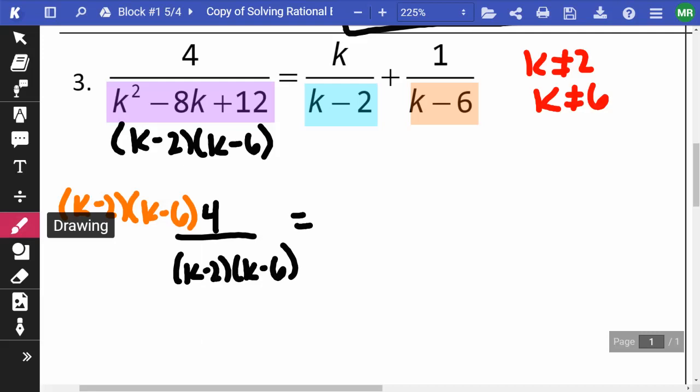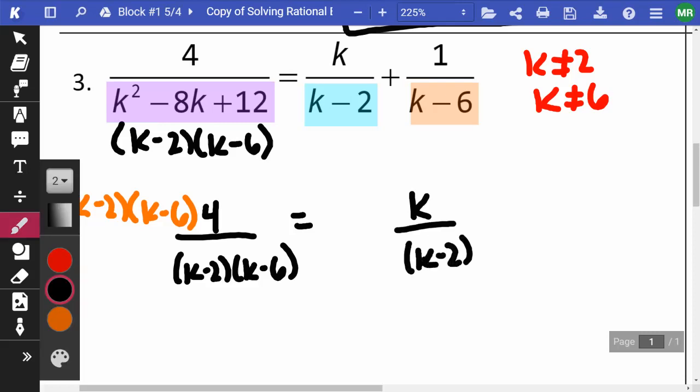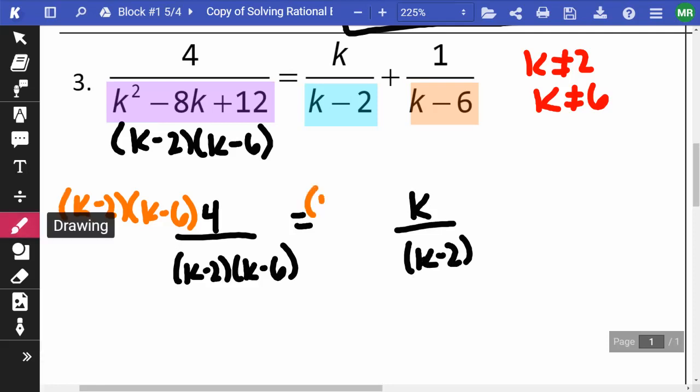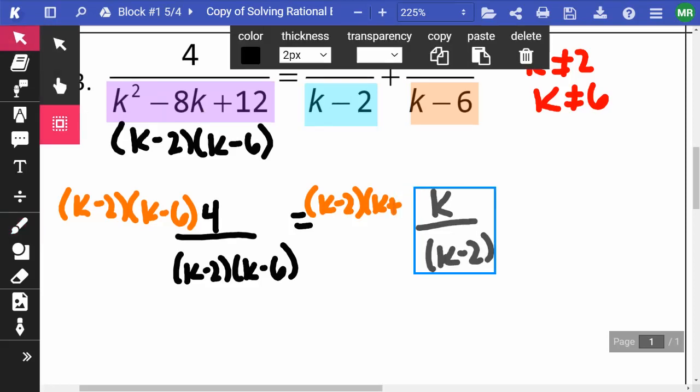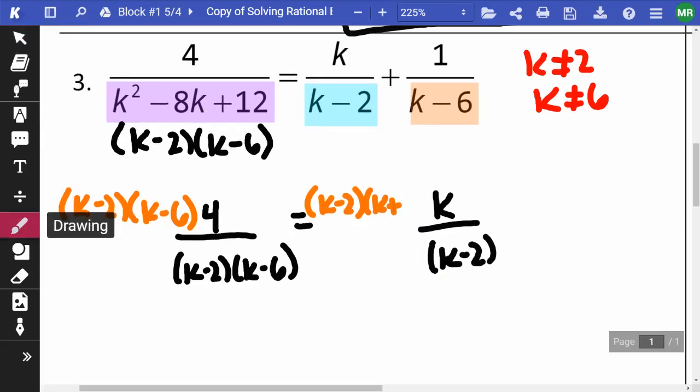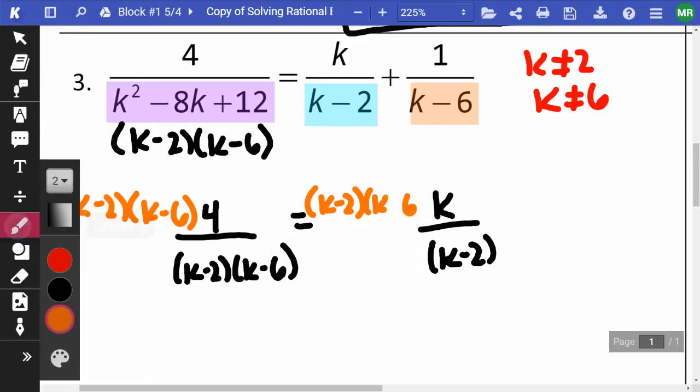Equal, and on the other side, I'm giving myself some space in the front. I'm going to take k over k minus 2, and that was going to multiply by k minus 2, k minus 6. I'm just going to move this right here a little bit more. Okay, not k plus, k minus. I can't just change it.